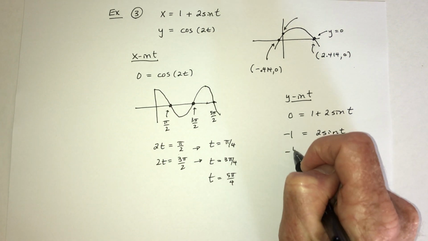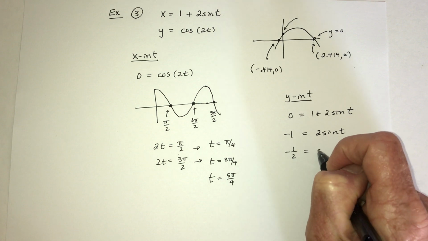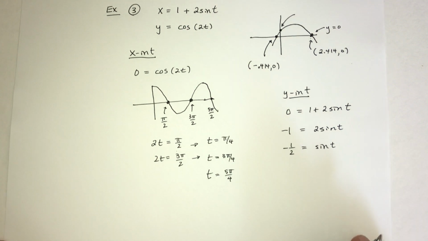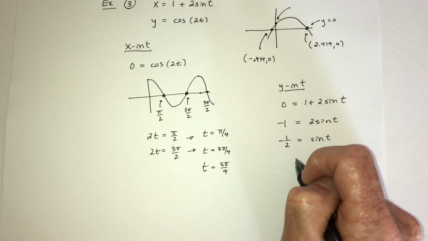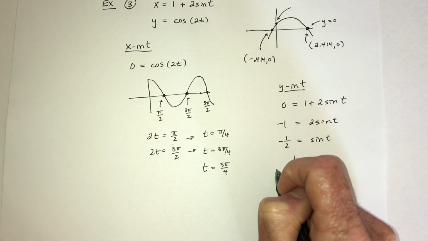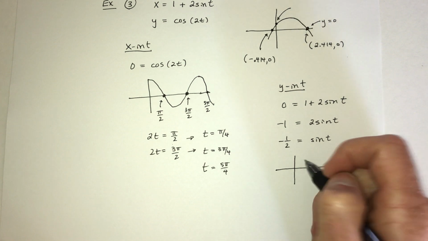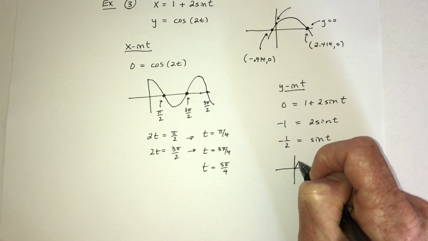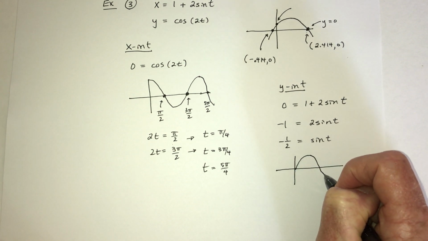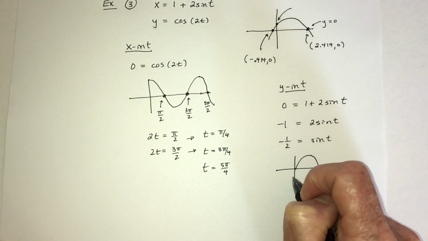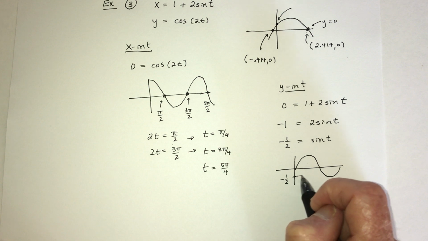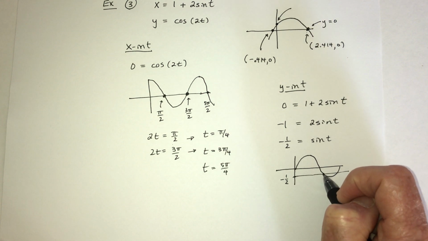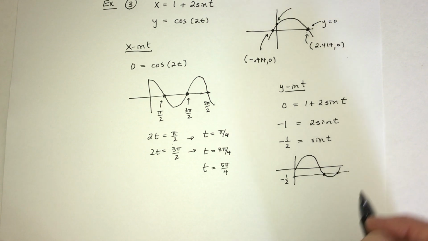Next, I could divide by 2, and then just take sine inverse of negative 1/2. Now, I think I should look at the graph, because the sine graph goes like this. When does it equal negative 1/2? Well, that would be an answer over here and an answer over here.